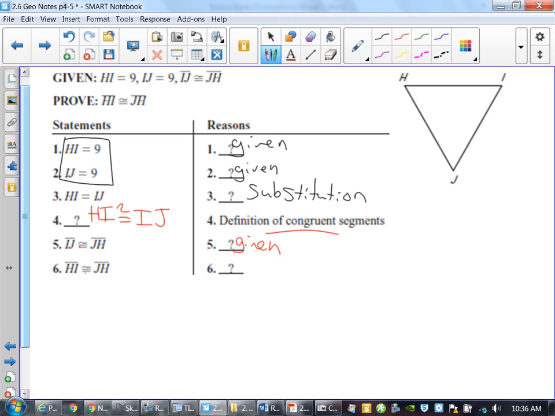They have HI congruent to IJ, IJ congruent to JH, HI congruent to JH. You said this earlier. What is that? It's not substitution. It's syllogism, but when it's written out in a proof, we don't call it the law of syllogism.